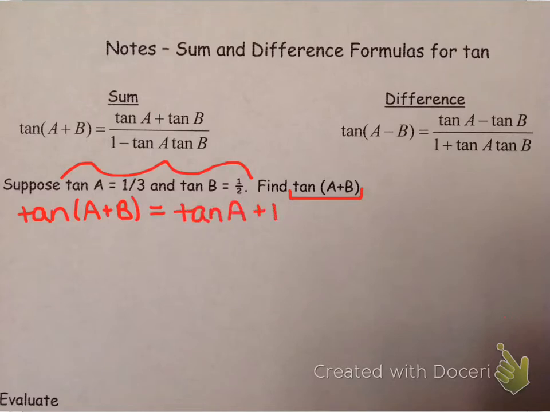Tangent of A plus tangent of B over 1 minus tangent A times tangent B. And I was given both of those numbers.